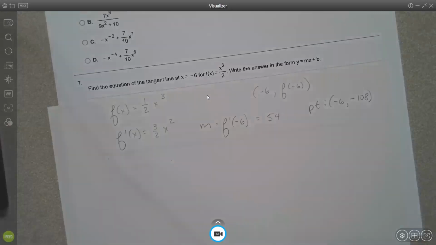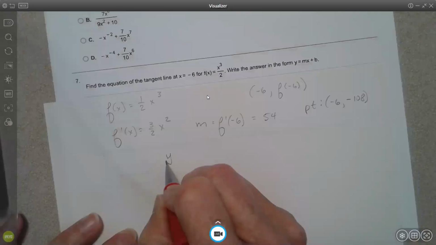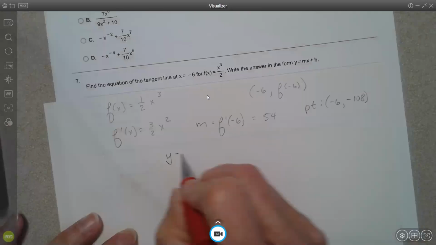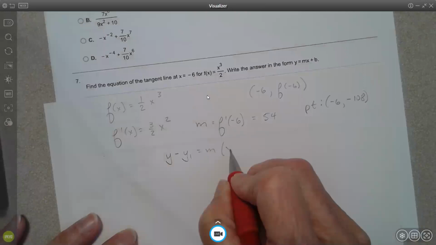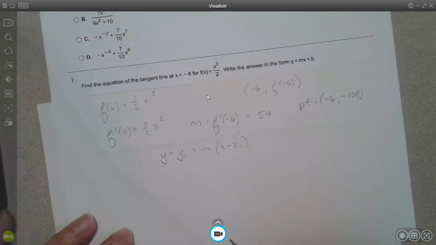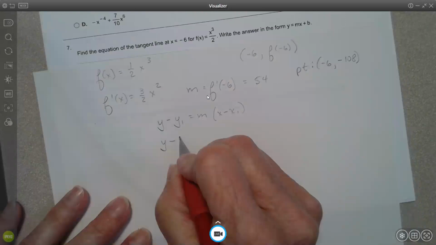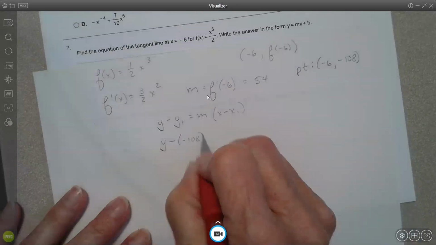All right. So then you got to go here, or whichever way you go. This is the way I did in class. This is called point slope form. So I've got y minus my y value, slope, x minus my x value.